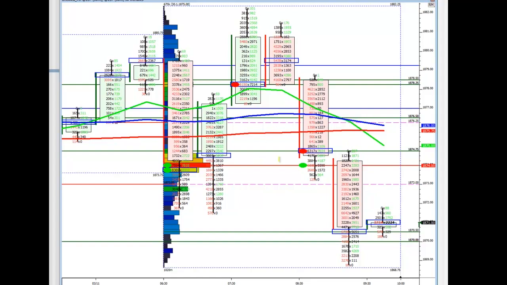So take a look at some of these levels of the smart money and their participation and how they begin to correlate with our profile. Up here, the intense activity came in at the value area high of the prior session. Notice this was our value area high, and it extends through here. This is actually the value area high of this session, the line above it.